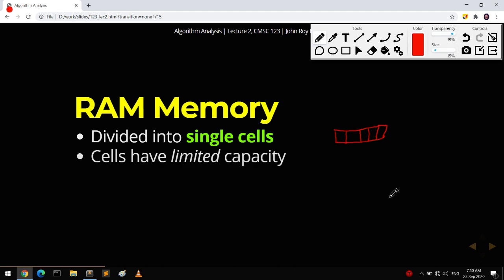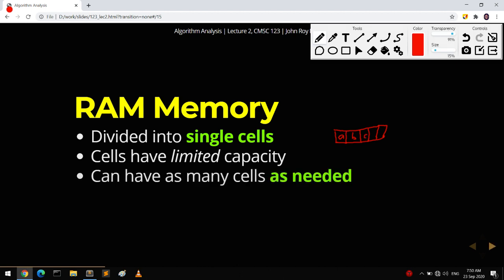And each cell has a limited capacity. So you can actually only store one thing in here, right? So it could be A, B, C, and so on. So each cell will only store one item, but you can have as many cells as needed. Okay, so in essence, you have an unlimited number of memory cells.